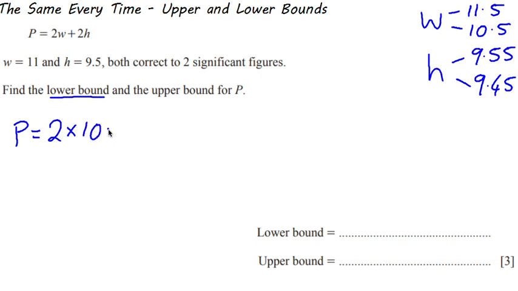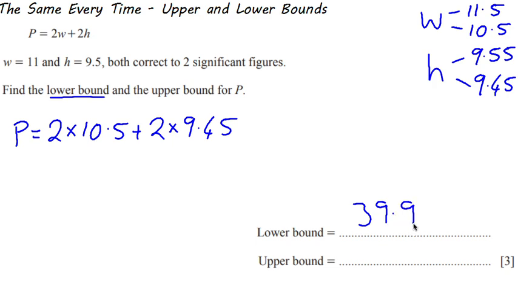So that's 10.5. And then plus the smallest possible value for H, which is 9.45. And that will give me my lower bound for P. So that's going to give me 2 times 10.5 plus 2 times 9.45, and that's 39.9.